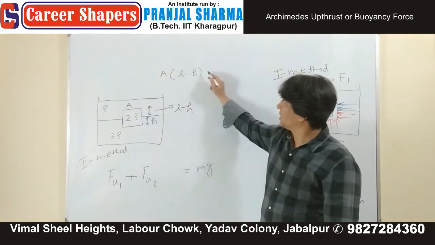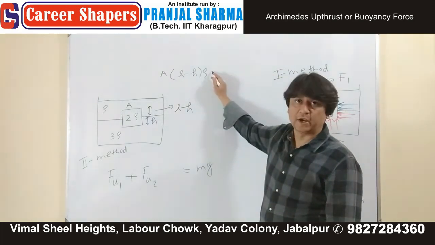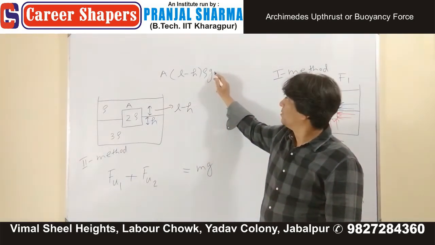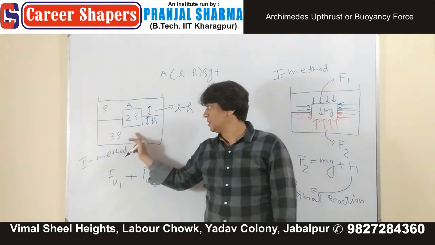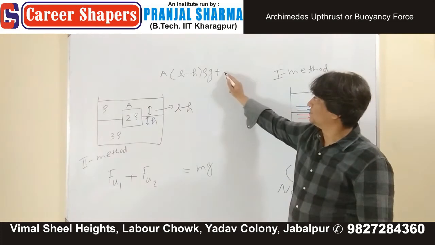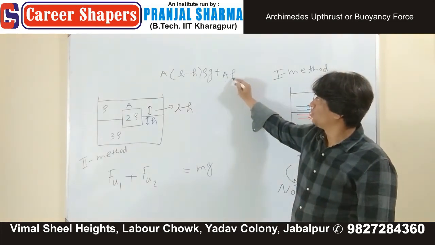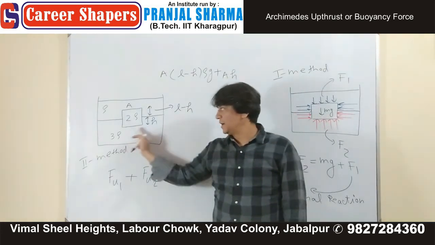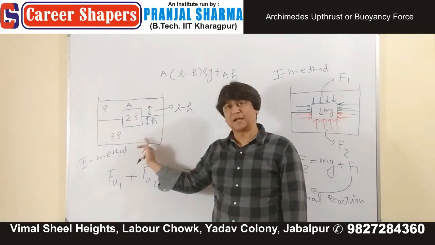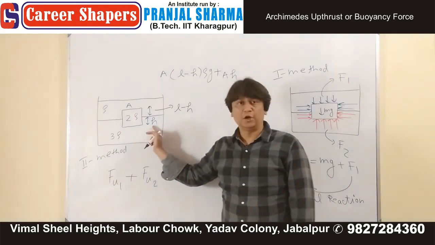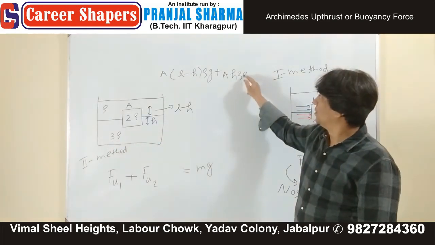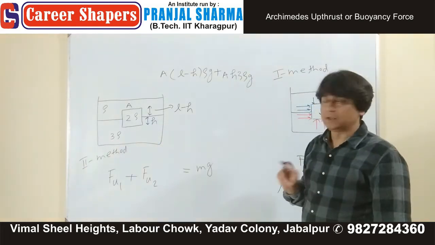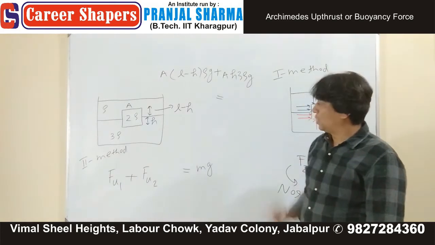Volume submerged into density of liquid into G plus what is the upthrust coming from the second liquid? Volume of object submerged A into H. Base area A. What is the height inside the second liquid? H into density of liquid 3 rho multiplied by G is equal to what?